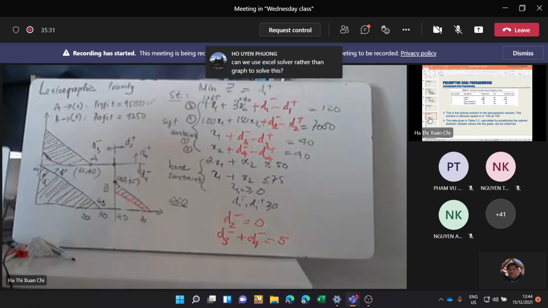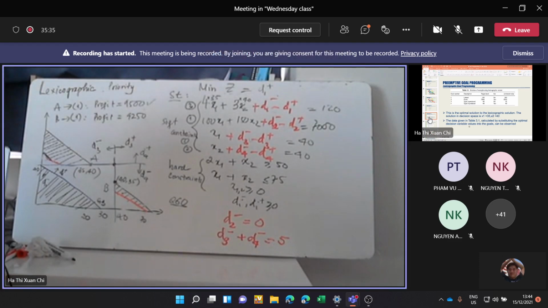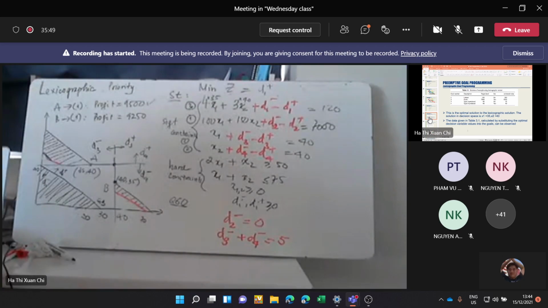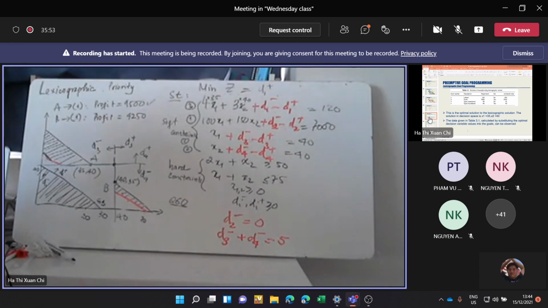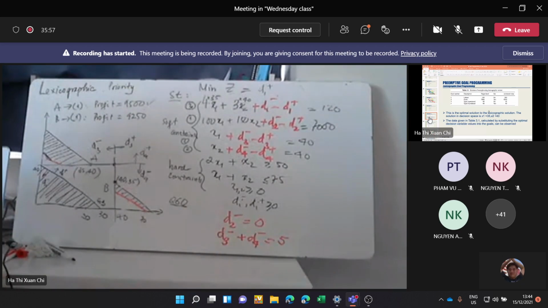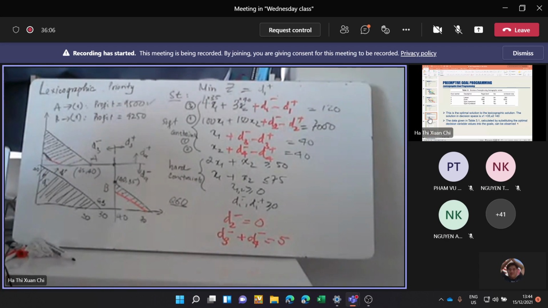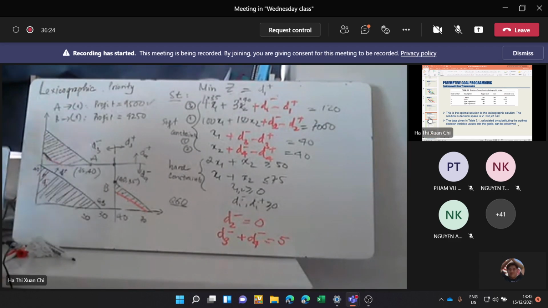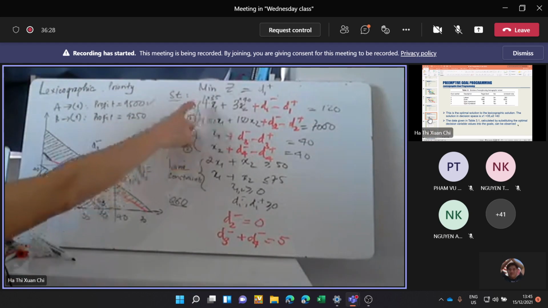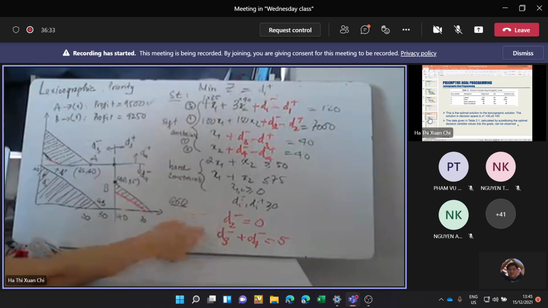Question, please. Can we use Excel Solver rather than the graphical method? For goal programming, I'm not sure that Excel can solve it, but if you break it down, you may solve it, because it then becomes mainly linear programming with a single objective.